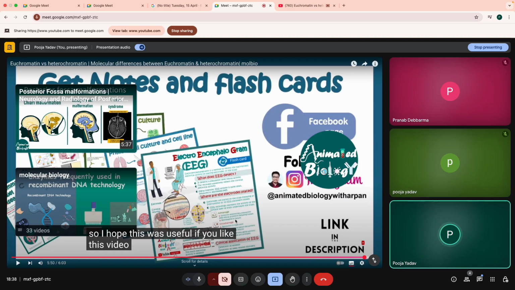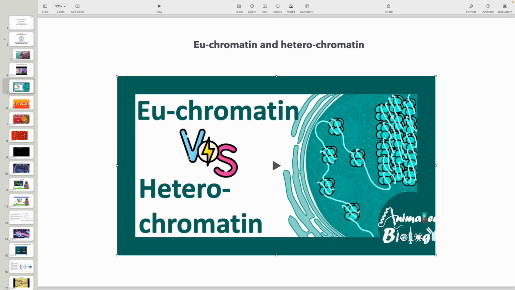So this is making the heterochromatin very densely packed, and the promoter region is not accessible for the transcription factor. So we need the accessible promoter region for the gene expression. So if this promoter region is not accessible due to the dense packing, the heterochromatin will be transcriptionally inactive. So that was the gist of the video.